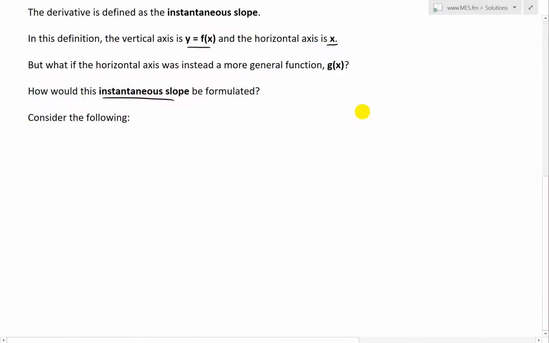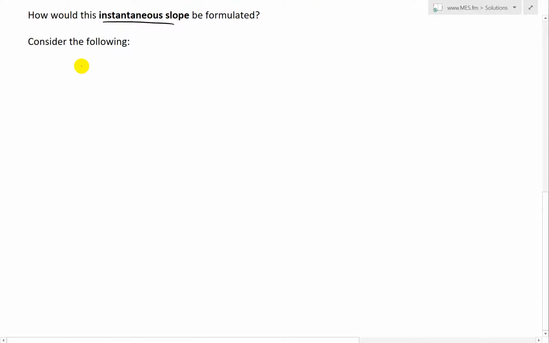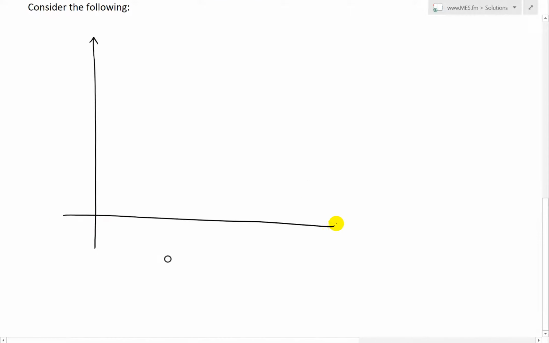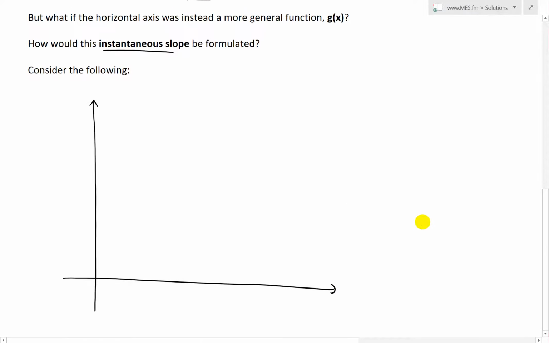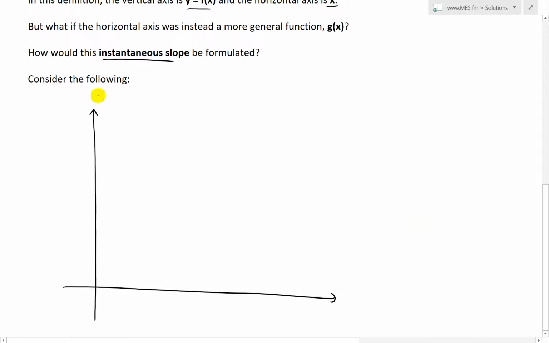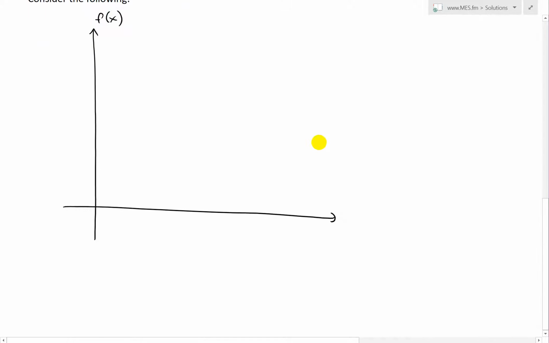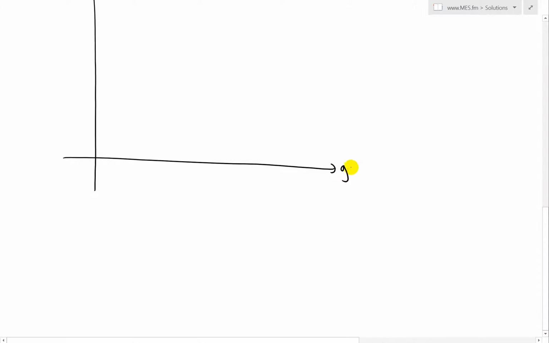So basically consider the following, and again, the reason I'm doing this is that this will arise in my next video, so I wanted to do this first just to get some background on it. So let's just consider a general function. This vertical axis, we'll consider as y equals f of x. We'll just call it f of x, and on this side g of x.